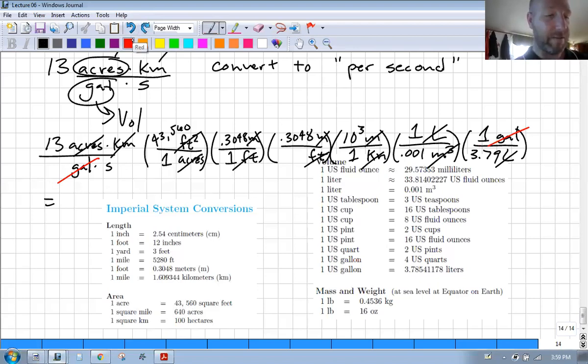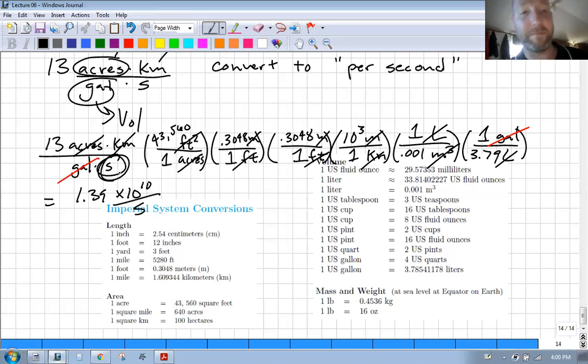So if I take 13 and multiply it by 43,560, multiply that by 0.3048 times 0.3048 times 10 to the 3rd, then divide that by 0.001, divide that by 3.79. I get 1.39 times 10 to the 10th per second. The only unit left.